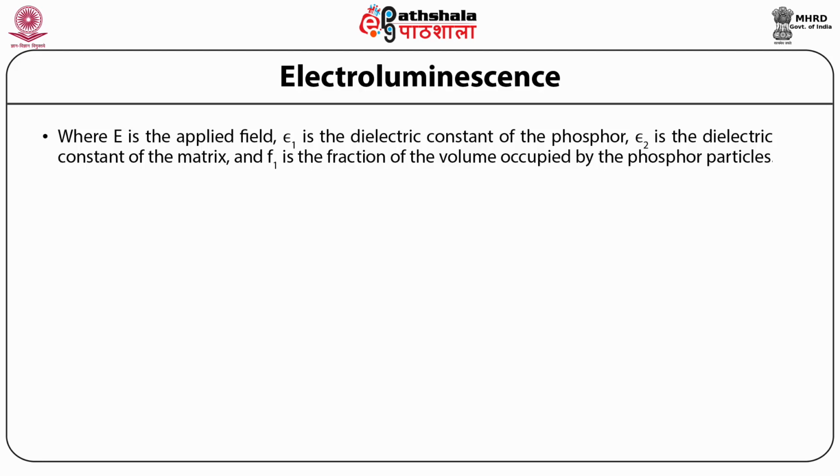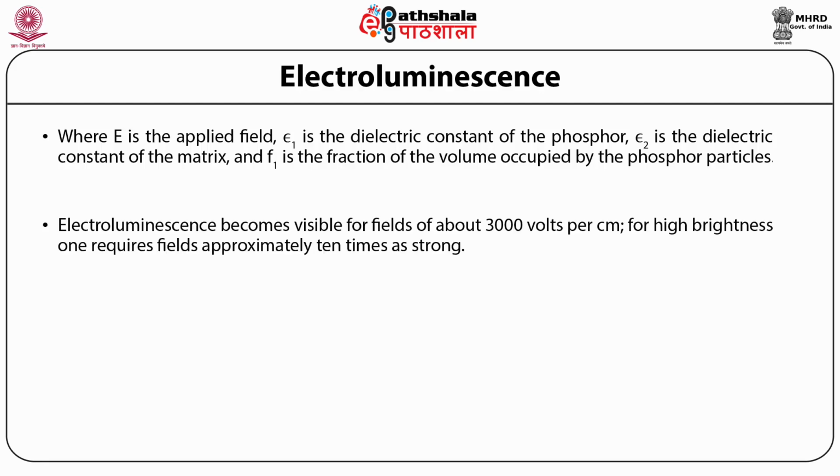By using various matrices of widely different dielectric constants, Roberts showed that observed brightness is a function only of the local field E2. The brightness varies only slightly with temperature, indicating that thermal excitation is of little importance in the mechanism. Electroluminescence becomes visible for fields above 3000 volts per centimeter.